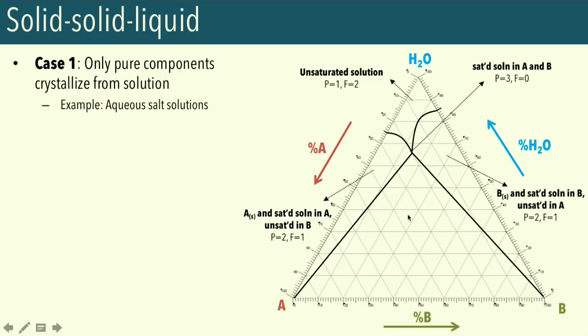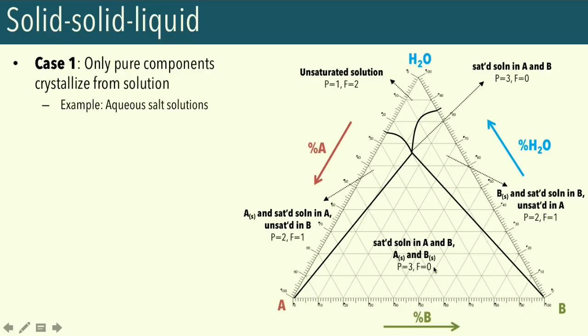If you want to label the phases present in this region, on the other hand, if you have a triangle shape within a ternary phase diagram, the phases present here will be represented by the vertices of the triangle. So here we have solid A, solid B, and our saturated solution in A and B. Again, the number of phases is equal to 3, and the corresponding variance is equal to 0.